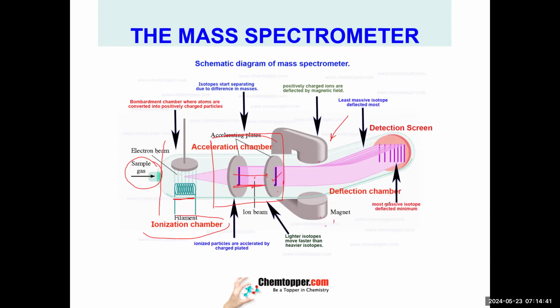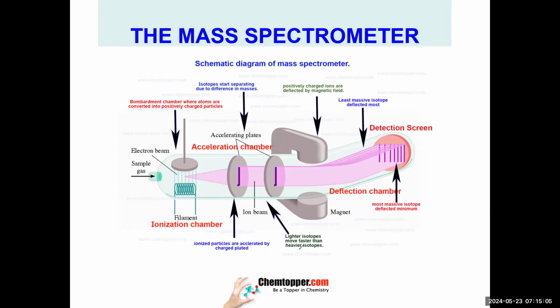Then you are using a magnetic field. In the magnetic field, because of the magnet and the charge, these are charged particles, they deflect. So they are deflected from their path. They were supposed to go straight like this, but the magnetic field is deflecting them. So which one is more deflected? The lighter.